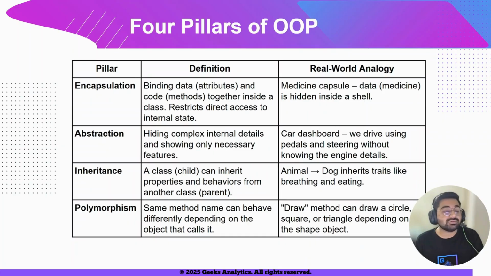In our case, the values do not get manipulated by outer functions or outer code cells. Then we have abstraction. Abstraction hides internal complexity and shows only relevant details. Like using a TV remote, we do not know what the circuit is inside, but we just know how to use it. Then inheritance.